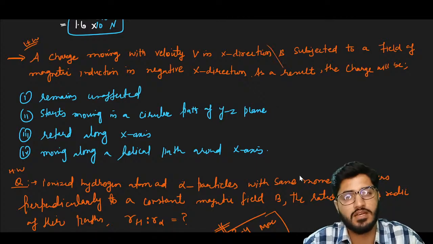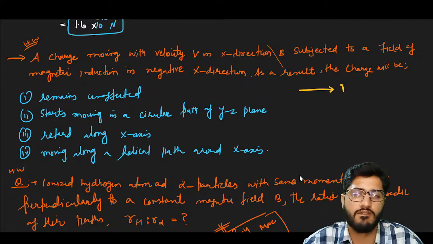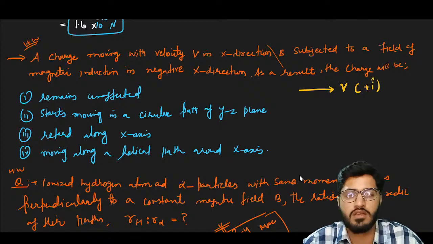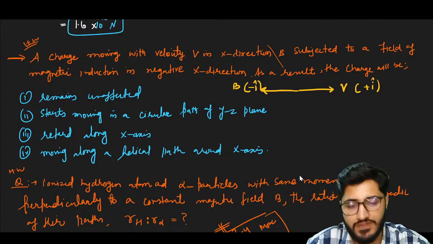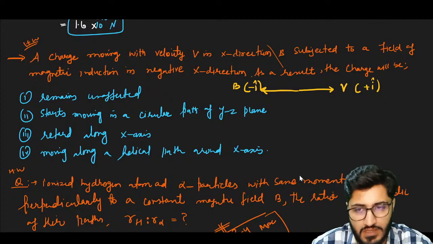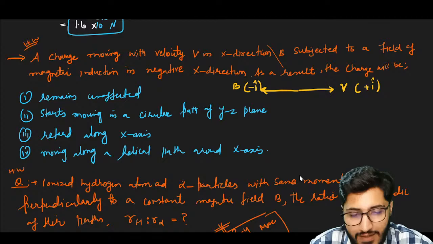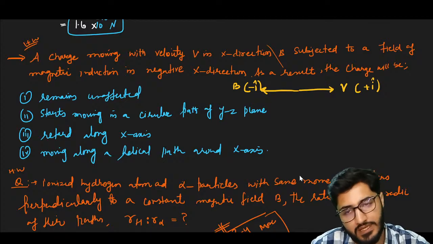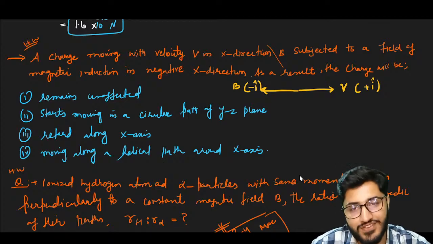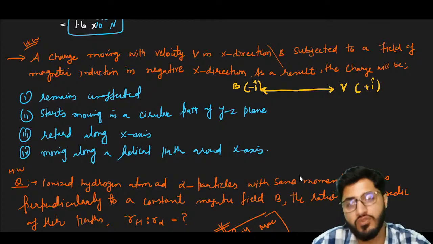That means the particle is going this way, v i cap, and the magnetic field is given in this direction, B minus i cap. As a result, the charge will: remain unaffected? Start moving in a circular path in the YZ plane? Retard along the x-axis? Or move along a helical path around the x-axis?